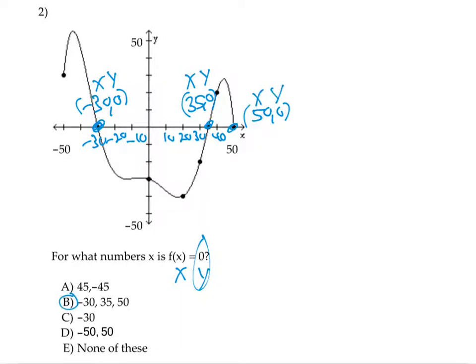Negative 30, 35, and 50. Are we good there? I try to fool you now so you won't be fooled on the real deal, right? So you'll nail this in a week. So x is what they put in the parentheses. y is what it equals. That's the key. It's f of x equals y for function notation on a graph.